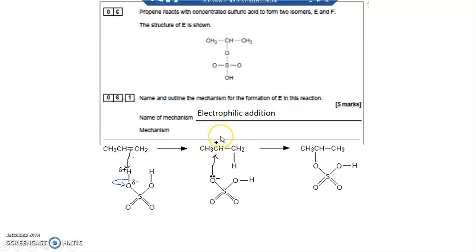As I say, it lowers the size of the plus charge and increases stability on the secondary carbocation. So if the hydrogen had gone onto the middle one and the plus had been on the right hand side, that would have been a primary carbocation, which would have been less stable. Just incidentally, the tertiary carbocation is even more stable because it's got three methyl groups surrounding the C plus, all repelling electrons.